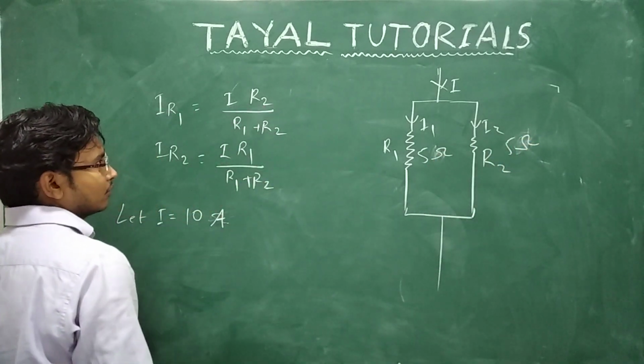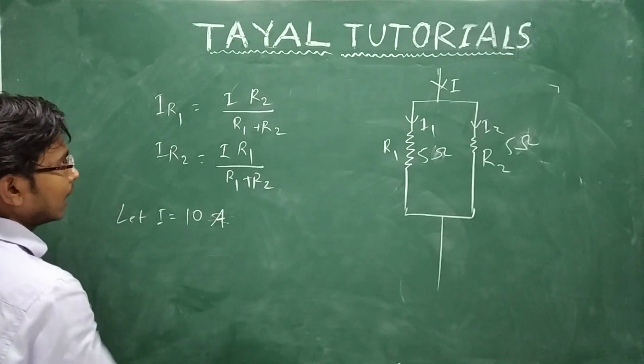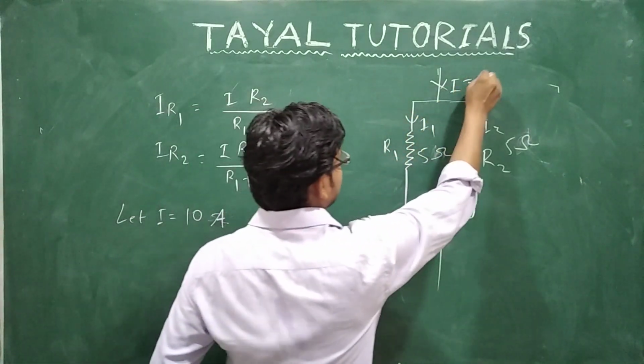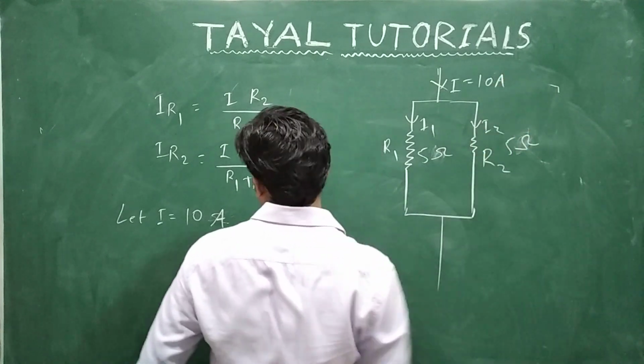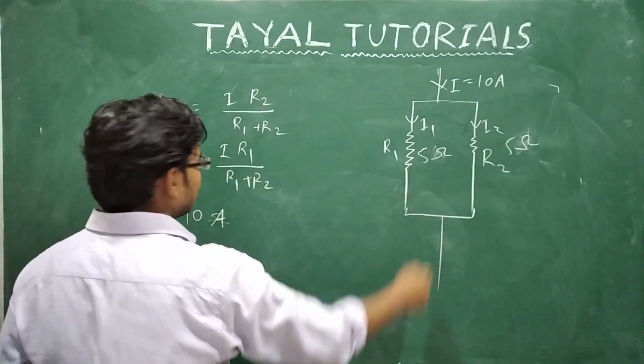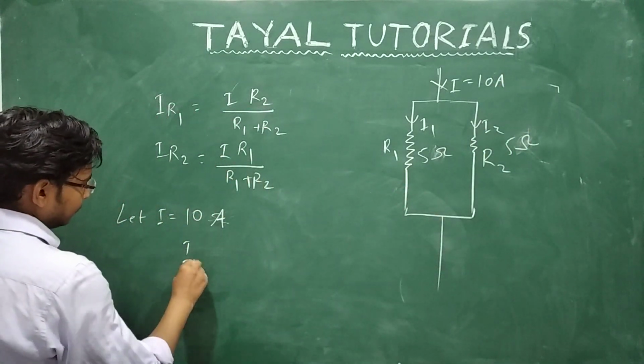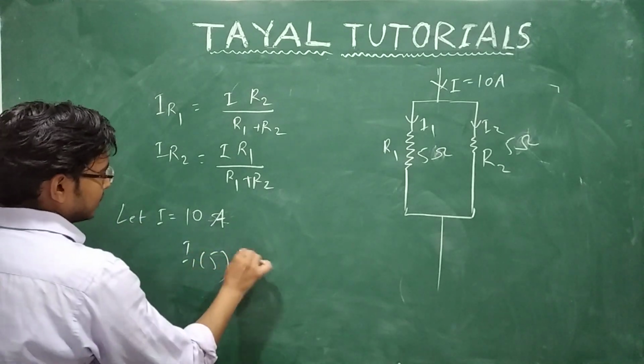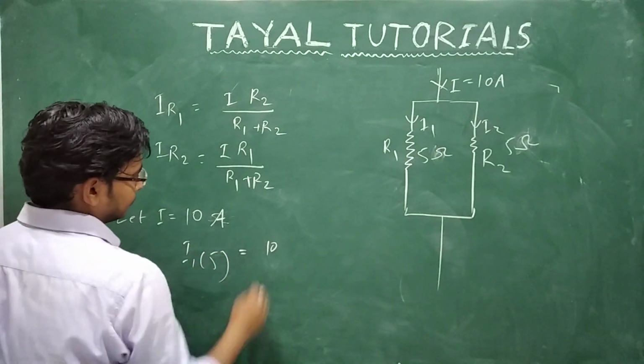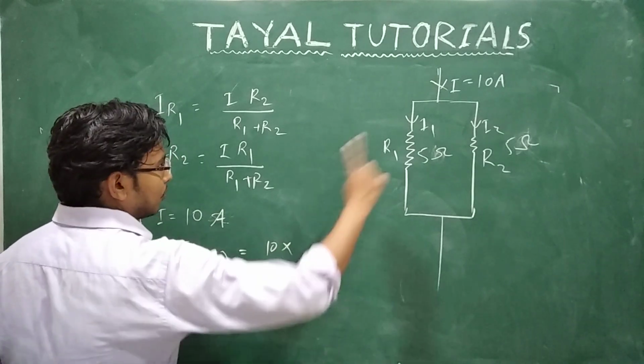So if I want to get the values of I1 and I2, when the complete I is known, let's say 10 ampere is coming over here. If I want to get I1 and I2 individually, you can write I1 through the 5 ohm is equal to 10 into 5.